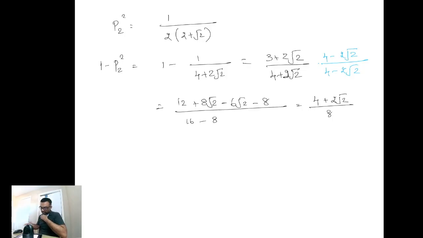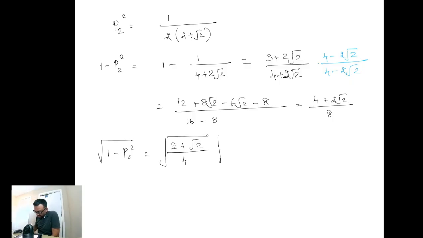Okay. So if I write this out a little cleaner, take 2 out. So I'm going to write this root of 1 minus p2 square should be written as 2 plus root 2 divided by 4 under root.